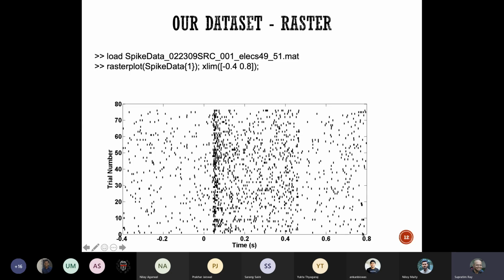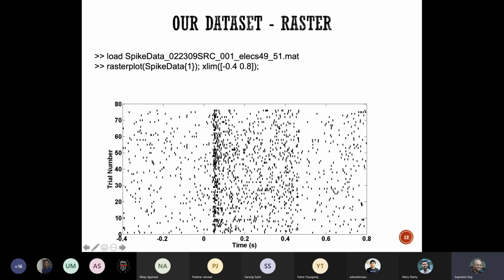And then for 600 milliseconds, there's no stimulus. Minus 600 is when the previous stimulus was switched off, and then for 600 milliseconds, there's nothing. I'm only showing you between minus 0.4 to 0.8 by using this command, which limits the x-axis to minus 0.4 to 0.8. And then between 0 to 0.4 is where the stimulus is presented.